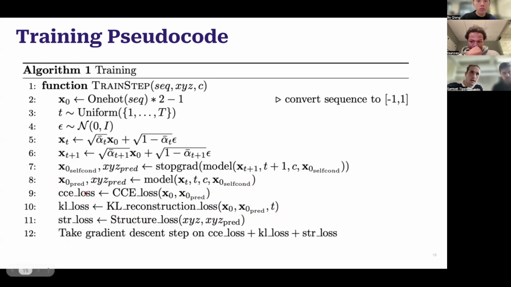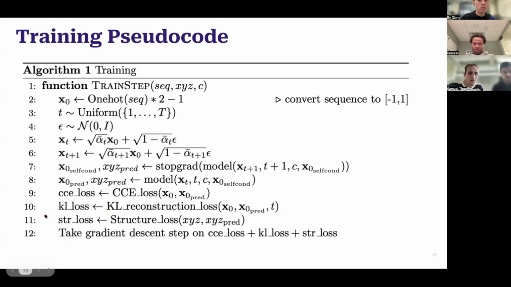I don't know that I have a good intuition for why this is absolutely necessary, but empirically it does seem to help when we use this loss. Here we're basically interpolating our predicted output to XT minus 1, and then we do the same interpolation for the ground truth, and then apply a KL loss over those reconstructed XT minus 1.